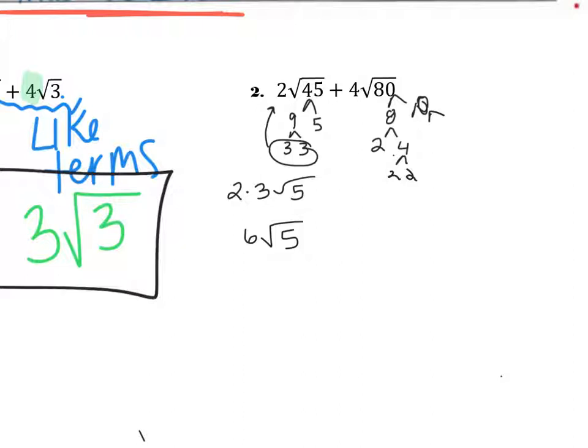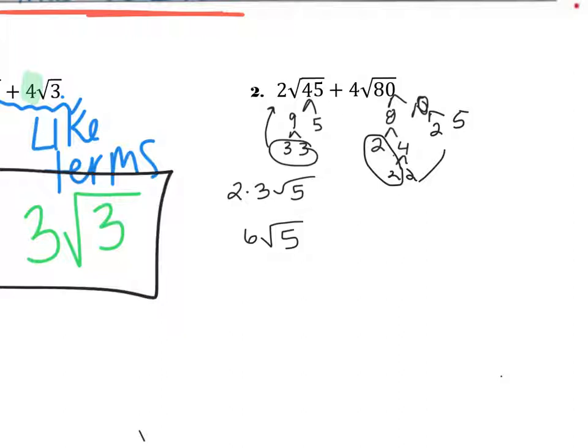Let's go back to the 10. I am noticing I can break that down even further into 2 times 5. Okay. So here we have a group of 2's. Actually, I have another group of 2's here.